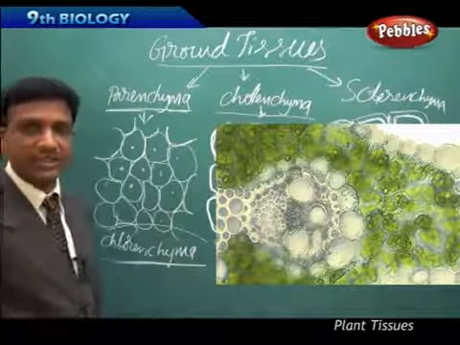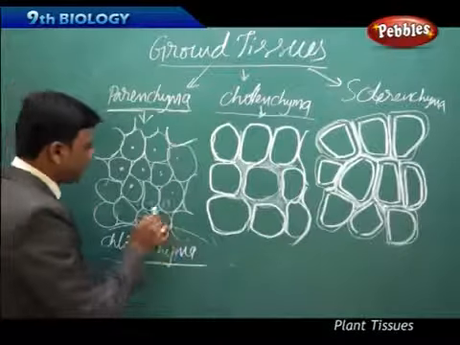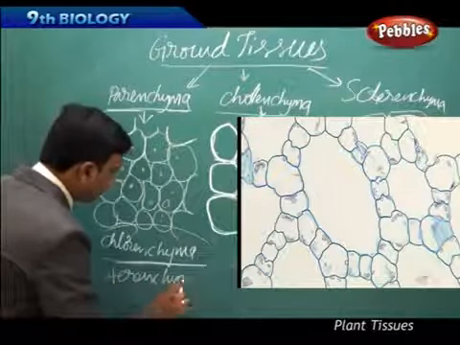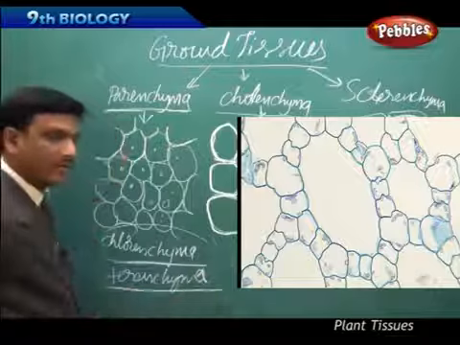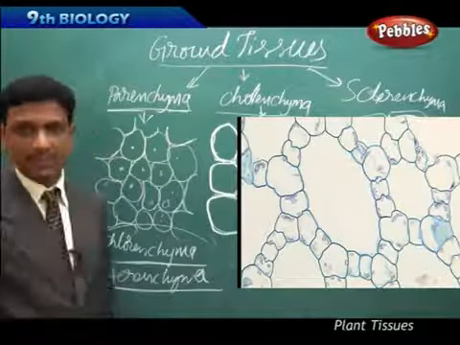If the parenchyma tissue has air spaces, you call it aerenchyma. The parenchyma tissue with air spaces is called aerenchyma.